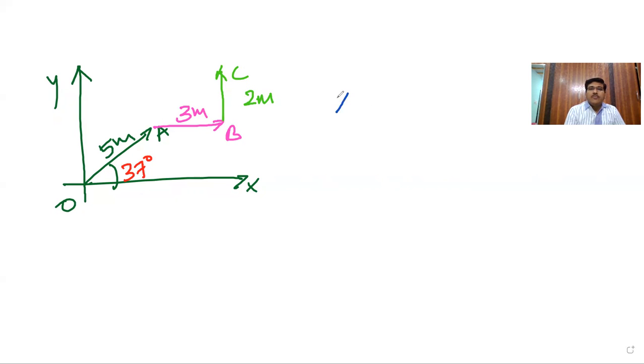Now, we have seen the x components. Now the y component of OA. Observe, OA is 5 meters. The x component is OA cos 37, the y component is OA sin 37.